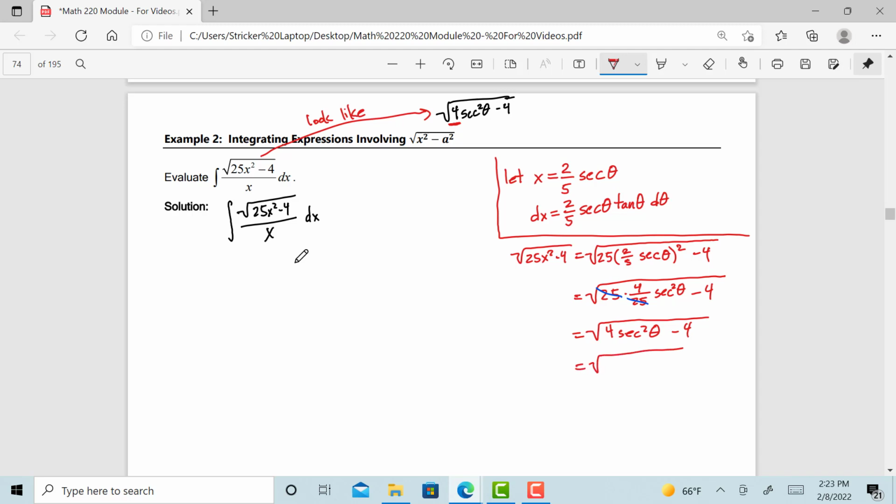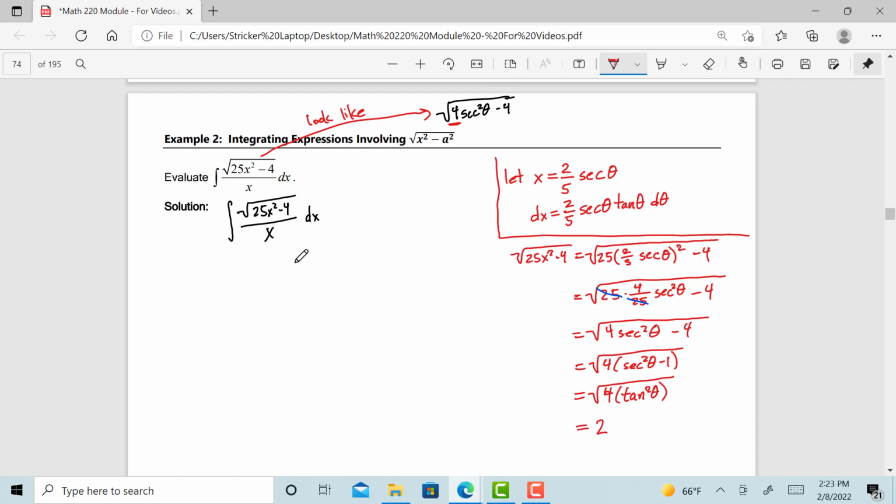So we have the square root of 4 times secant squared theta minus 1. And that secant squared theta minus 1, using the trig identity, becomes tangent squared theta. This is 4 times tangent squared theta. And then we take the square root.